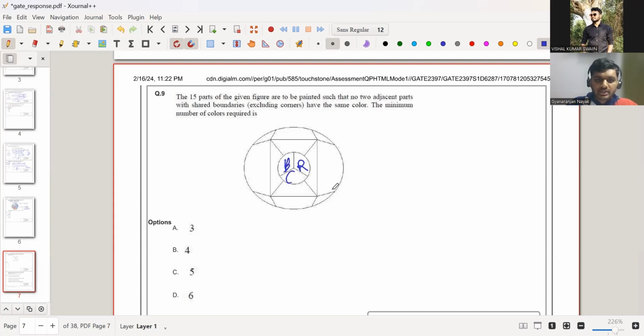Then you assign another color, green. Since it is red and blue, you assign green here. Similarly, here you have red and green, so you assign blue. Similarly, you check all the shapes, and you find the minimum requirement of colors for this shape is 4. So the answer is B. So we proceed to the next.